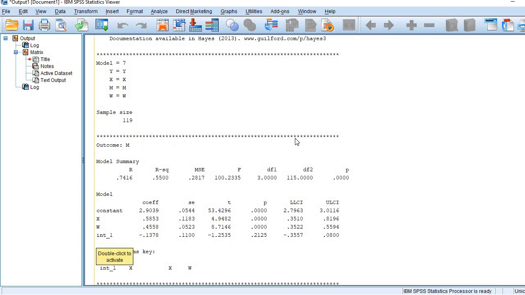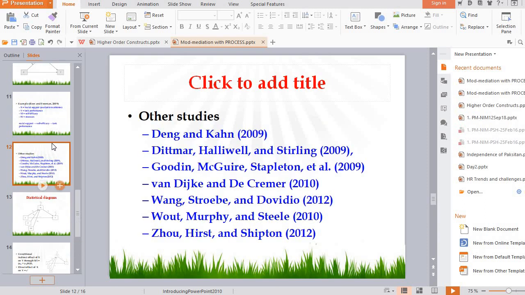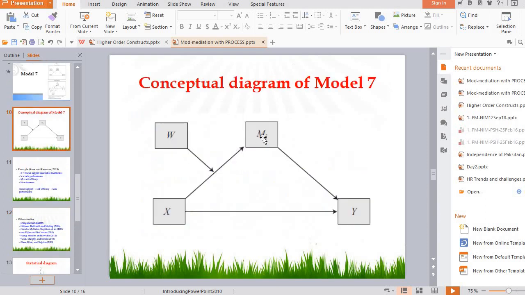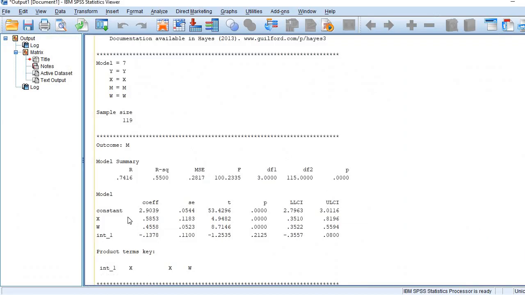Then the second table captures the first part, let me take you back here. X and W, their effect on M is being examined here, and the interaction variable is also there.